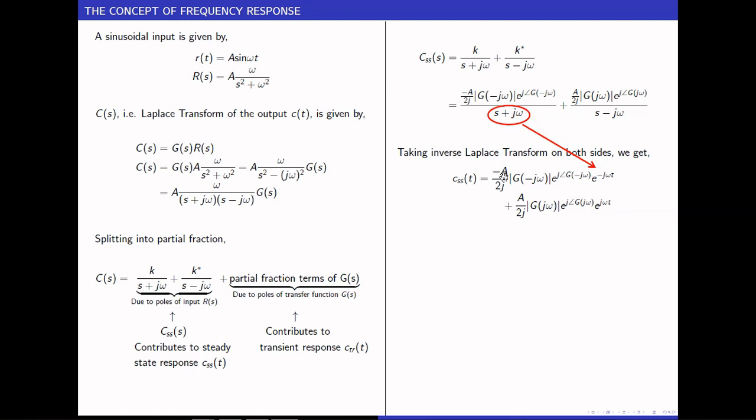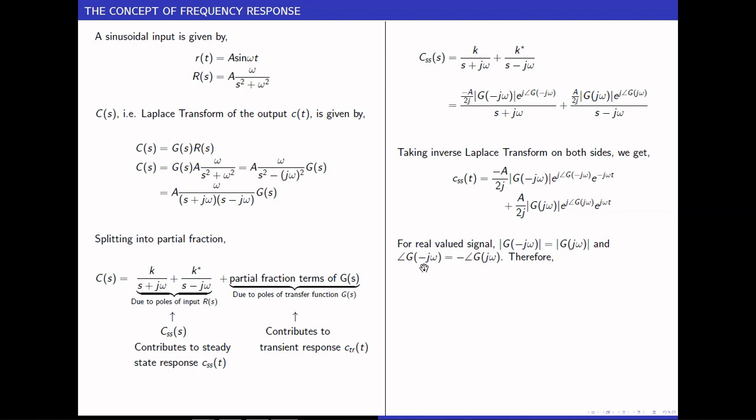So this expression can be further simplified, because for any real valued signal, G of minus j omega is equal to conjugate of G of j omega. The magnitude of G of minus j omega is going to be equal to the magnitude of G of j omega, and the angle is going to be negative.